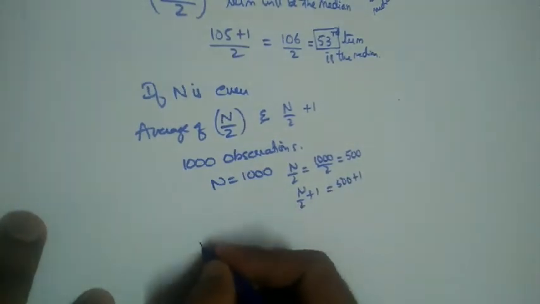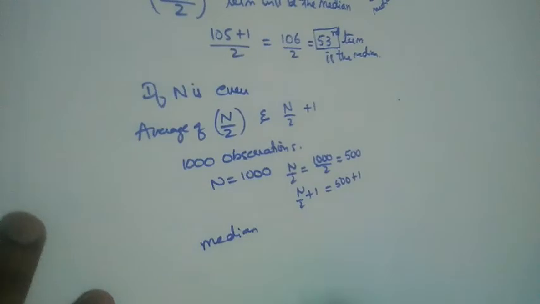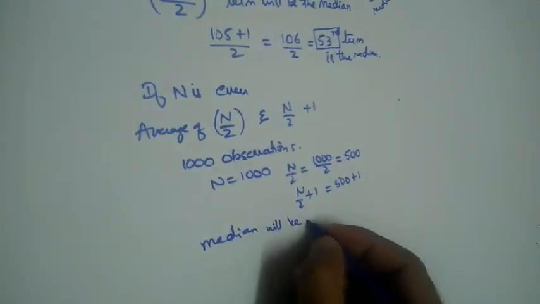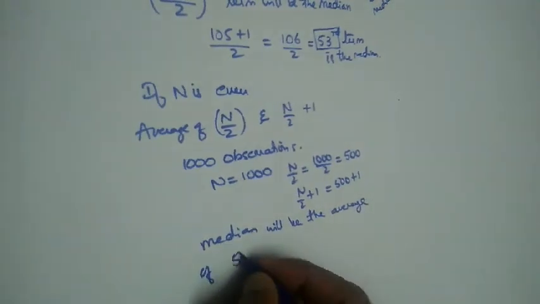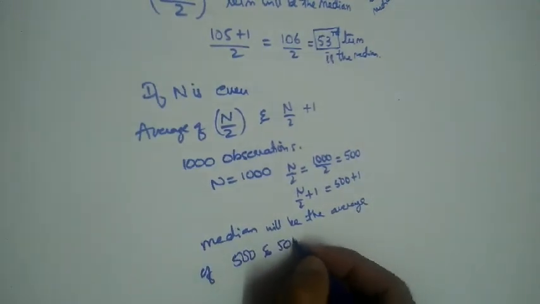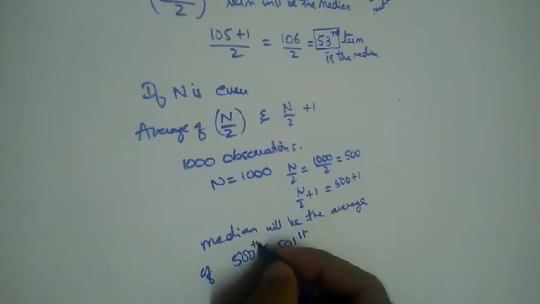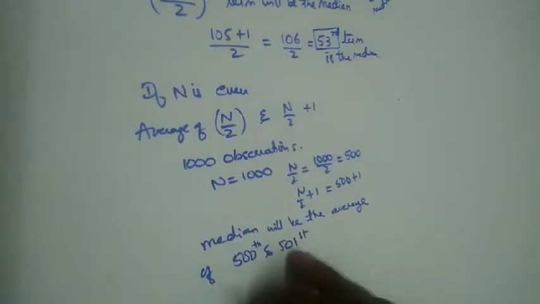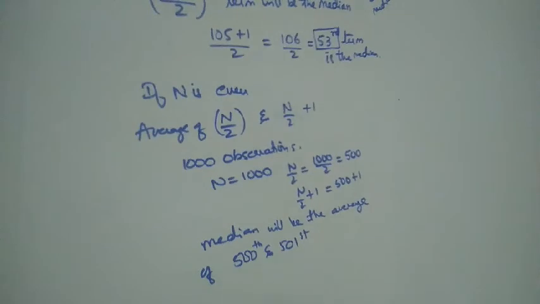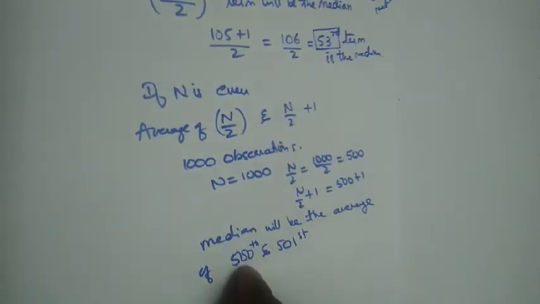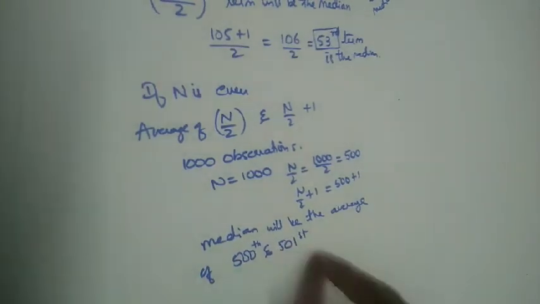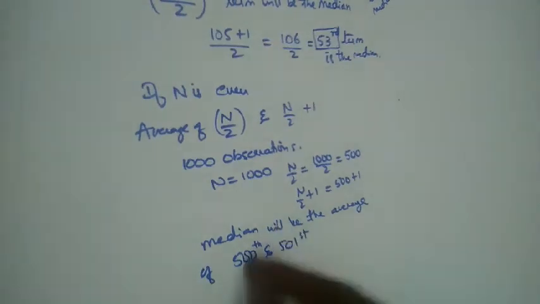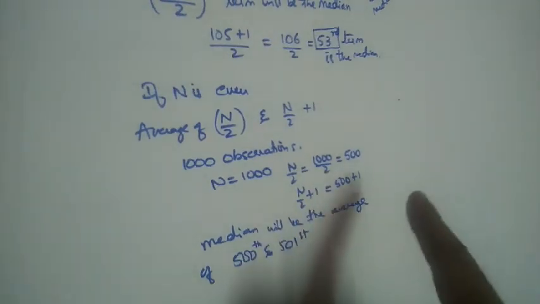So the median will be the average of the 500th and 501st terms. Whatever the 500th term is, we should add that to the 501st term and then divide it by 2. 500 and 501 are not the median.